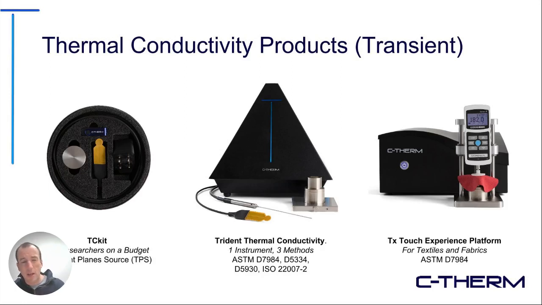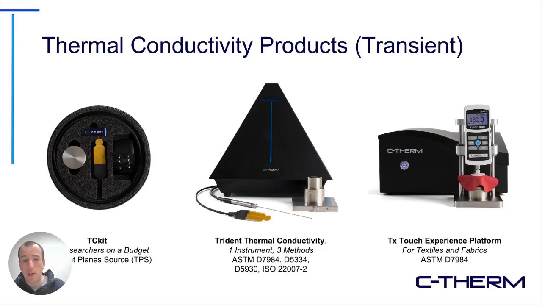So this kit lists for about $6,000. It's paired typically with a Keithley source measure unit and requires a laptop to put the kit together. Those are not included in the cost, but provides a really effective capability on a limited budget for measuring conductivity.